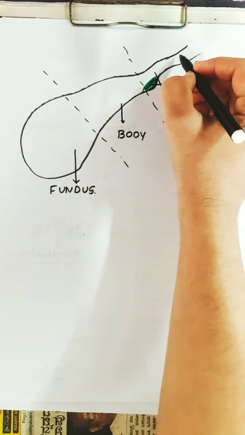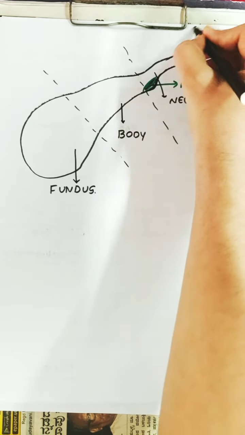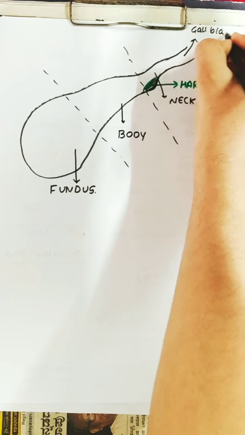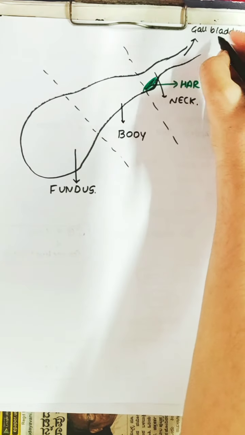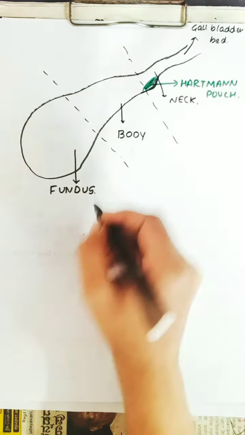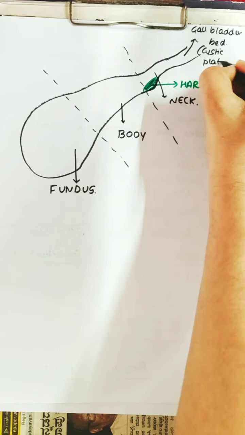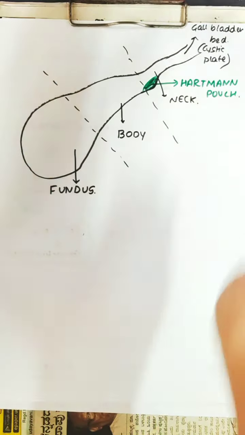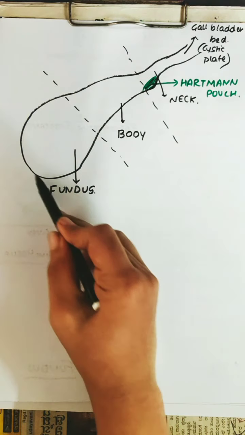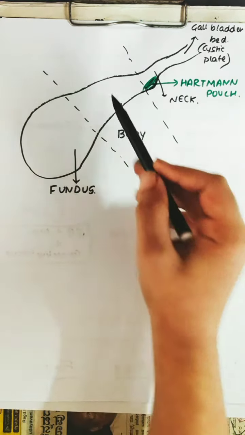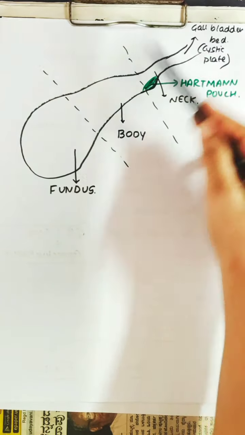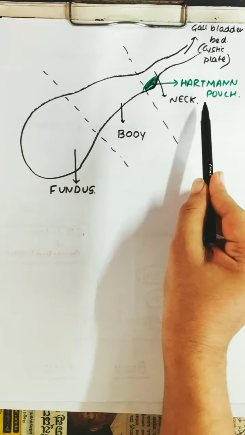Okay, this main part is the gallbladder bed, also called the cystic plate. So this is a brief representation of the gallbladder. There is a huge fundus, a body, as well as the neck region, which has a pouch in it called Hartmann's pouch.